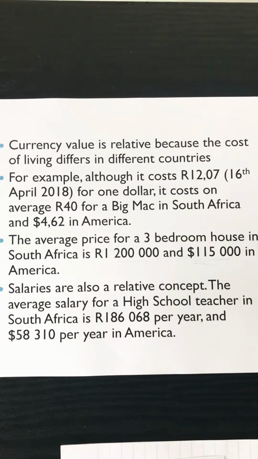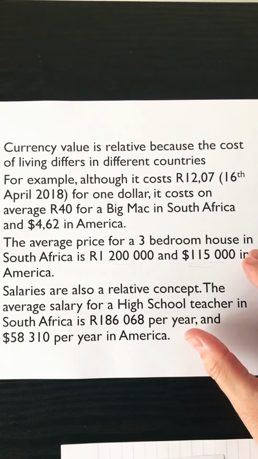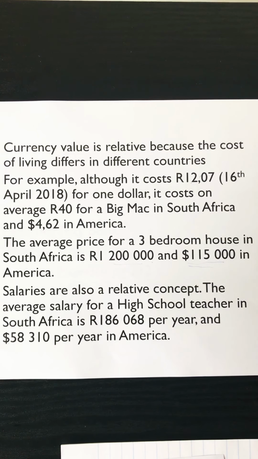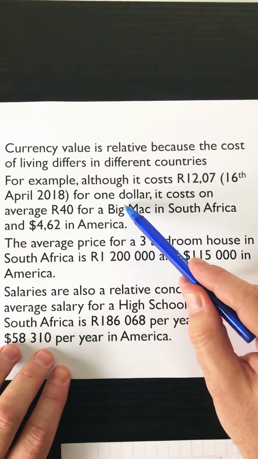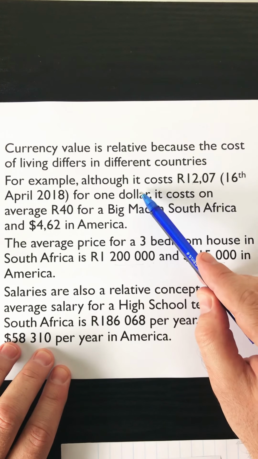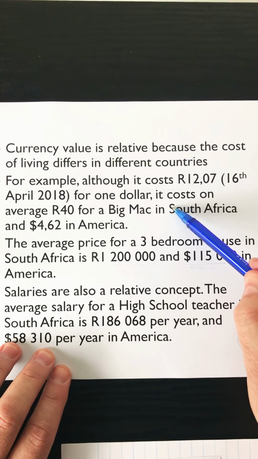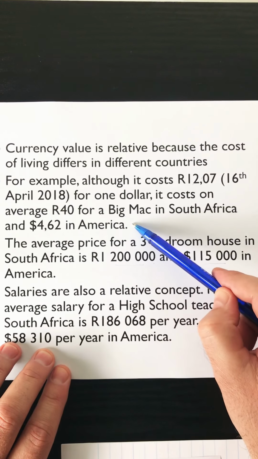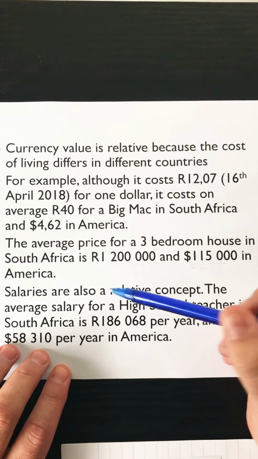Also take note that a currency's value is relative to the value it has in a domestic economy. The cost of living will be different in different countries. For example, although it costs 12 Rand 7 cents for a dollar, let's say in April 2018, it costs an average of 40 Rand for a Big Mac in South Africa, but $4.62 in America.